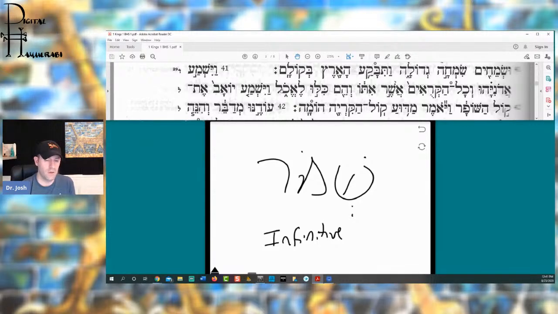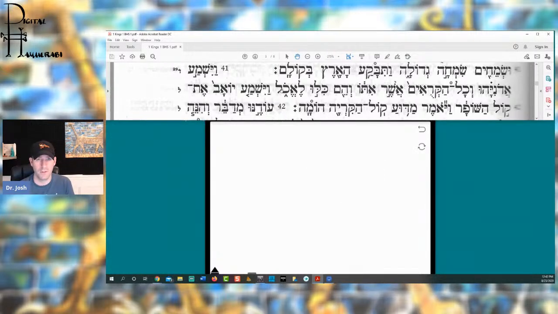And you can also put a lamed on the front, and you'll get lishmor, because the lamed, if you remember, means to. So you can just say shamor, and it means to guard, or you can say lishmor, and that lamed means to.